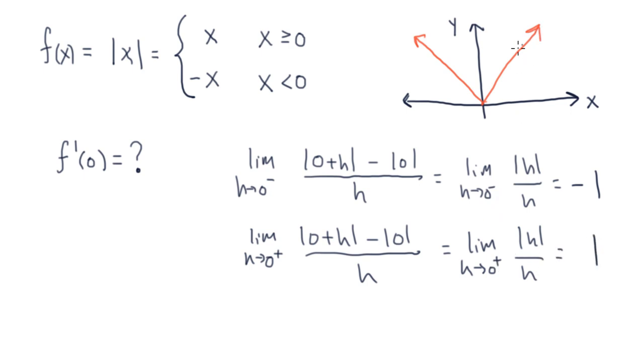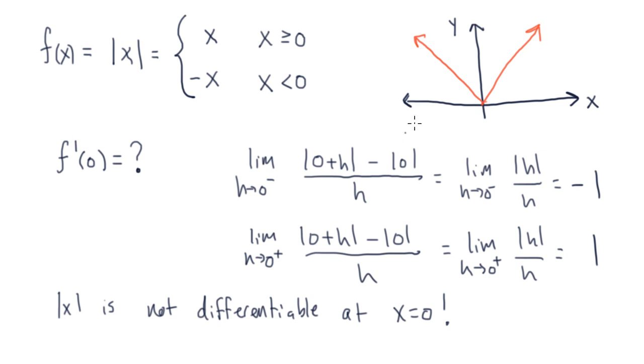And again, that makes sense, because to the right, our function is just y equals x, which has slope 1. So here, we say the absolute value of x is not differentiable at 0.